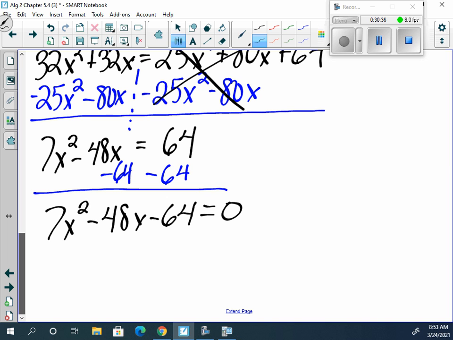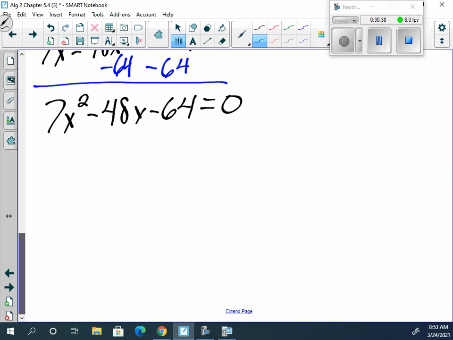And last but not least, we need to factor this to be able to solve for the values of x. Now, the 64 is negative, so the signs are going to be opposite. One's going to be positive, one's going to be negative.